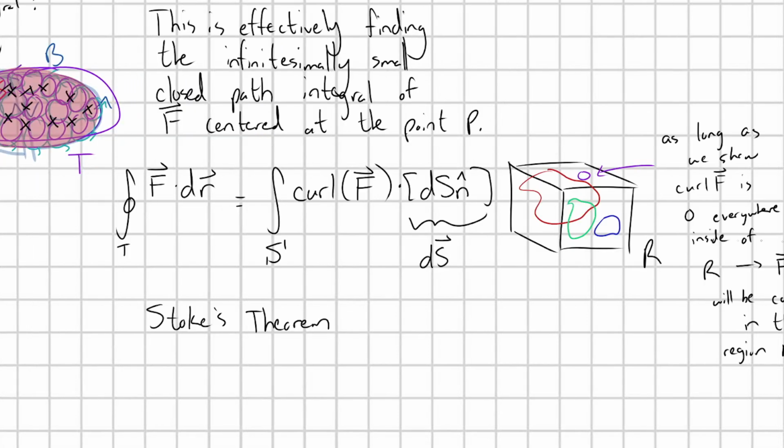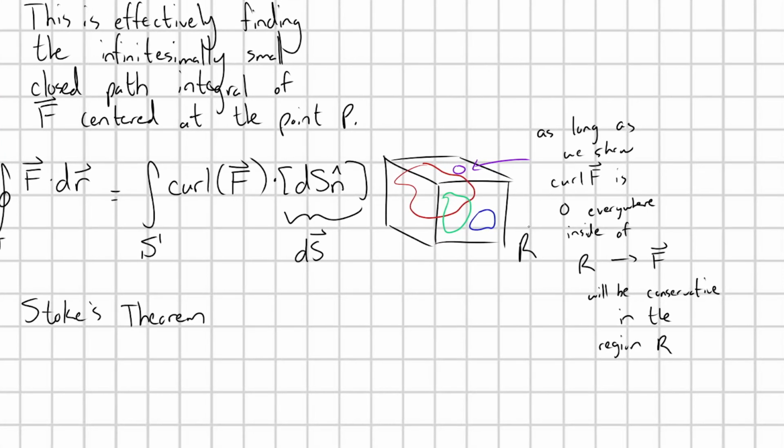All right, so now let me emphasize this last point. Remember the whole point before: we had to calculate a bunch of different path integrals of a bunch of different loops, an infinite number of loops within a region R, to show that the force field was conservative within that region R. Now we have a very simple condition.